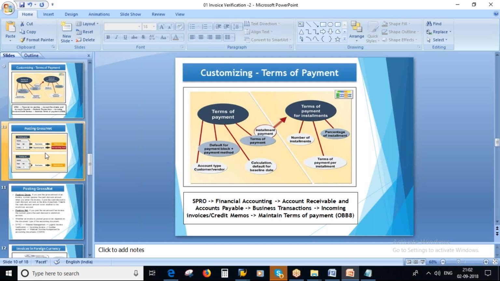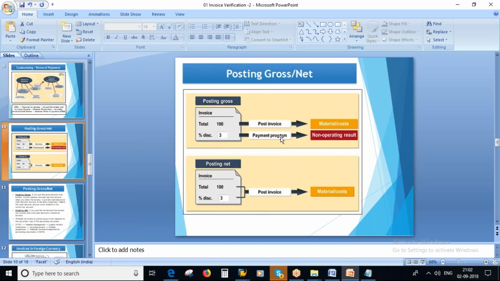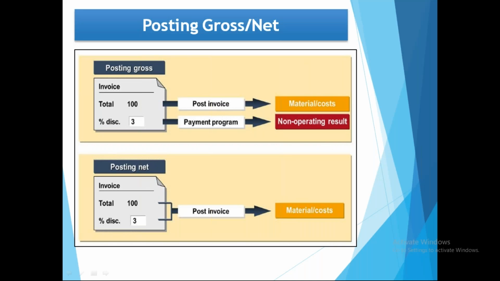Next one we will be discussing is posting gross or net. When you do the invoice verification, you have the option of posting the gross. It means, let's say your invoice value is 100 and your discount is 3%.